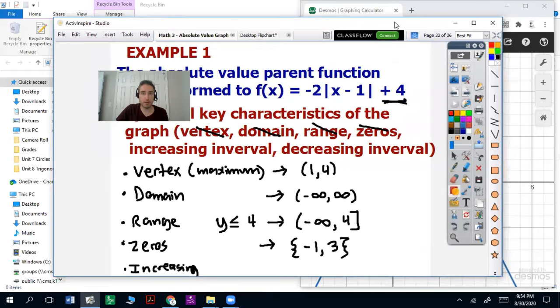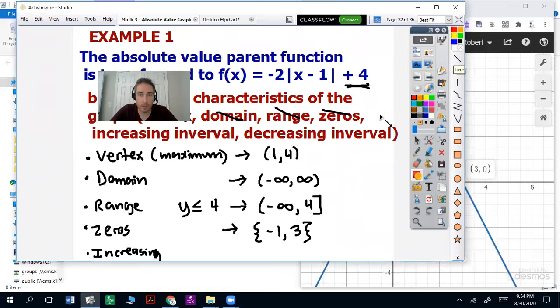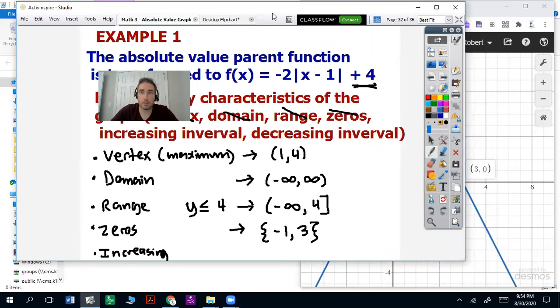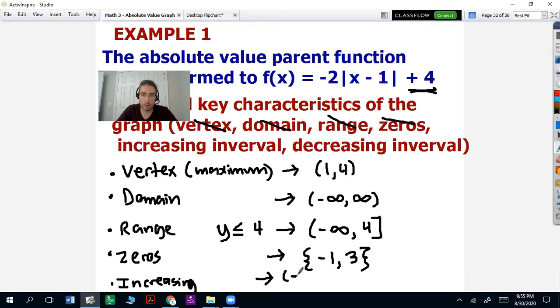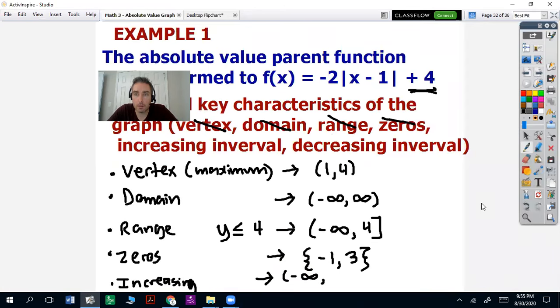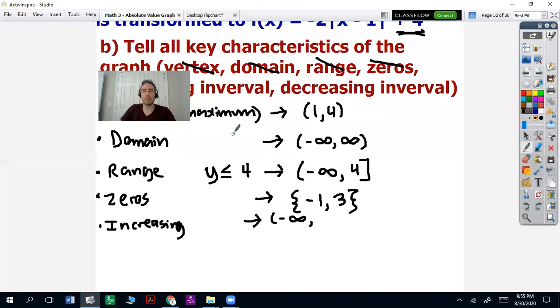it's going to be increasing from negative infinity until 1. Sorry, I had to adjust my screen there.